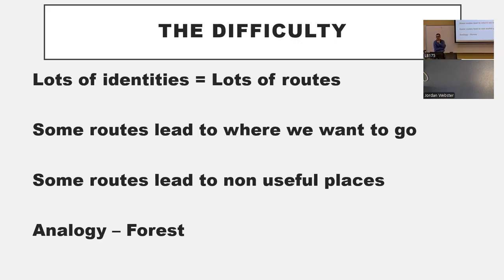Now, the difficulty of chapter 7 is that there's lots of identities. And almost all of them are related in some way. Many, many are related. And what this causes us to have is a lot of different routes. I want to get from point A to point B, but there's tons and tons of routes that I can take.